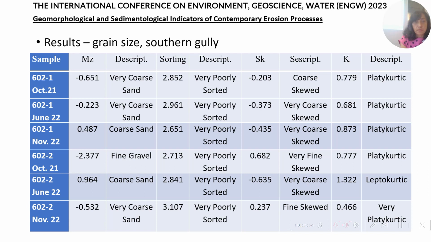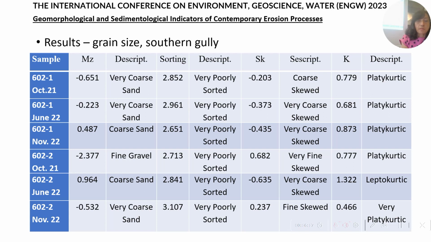Here, the best way to analyze the sorting is the sorting coefficient, but skewness and kurtosis can also be considered as secondary indicators of the sorting.